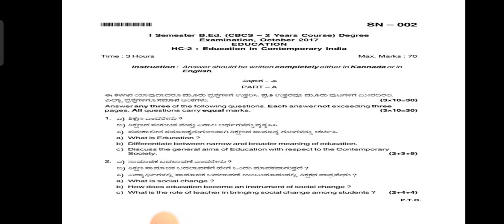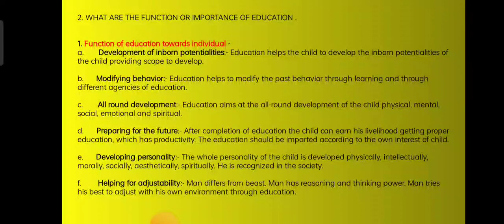And then the general aims we will see in the next class, but I have taken the functions or importance of education, okay. So the next important question is function or importance of education.